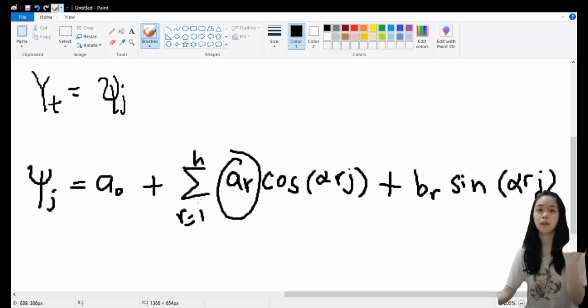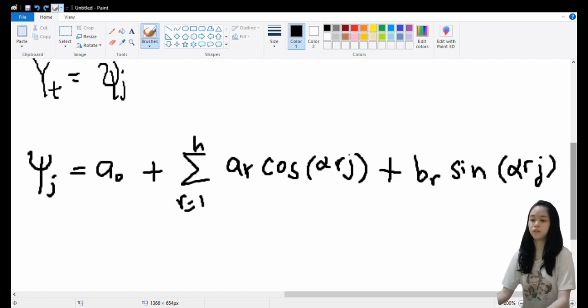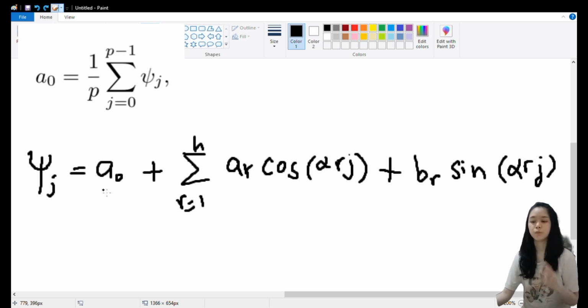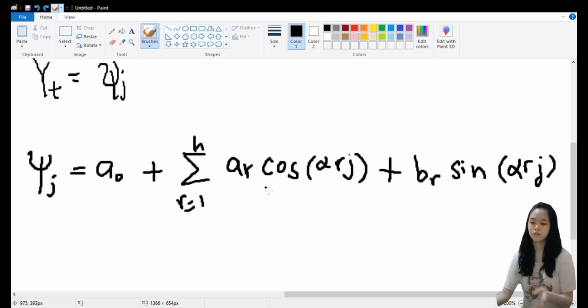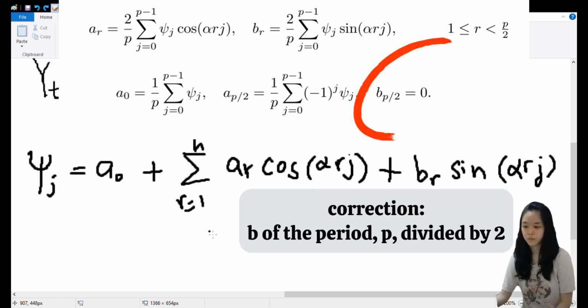The first j, and then the third, and then the fifth, and so on, would be for the cosine coefficient. The rest of them, the even coefficients, would be for the sine coefficient. A and b are called Fourier coefficients. Now, a0 is defined to be this, and then a_r and b_r are respectively defined as this, and b0 is defined to be 0.